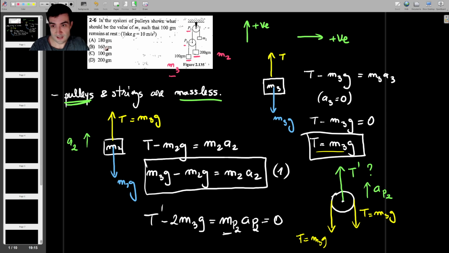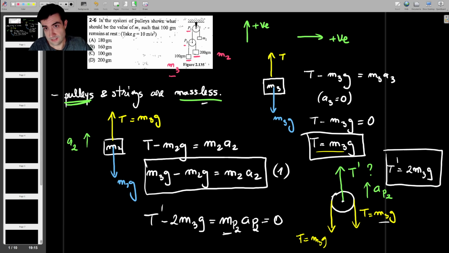So this assumption here helps us write the fact that the tension acting on the upper string is actually 2 times the tension acting in the lower string. So what this means technically is that T prime is 2 M3G. So the tension in the upper string, as I said, is 2 times the tension in the lower string.